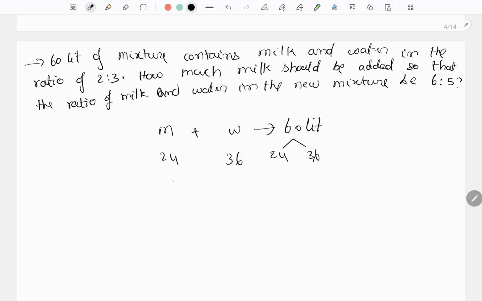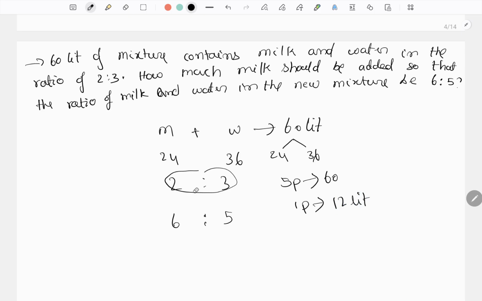How much milk should be added so that the ratio becomes 6:5? The initial ratio is 2:3, and now it should become 6:5. They are asking how many liters of milk should be added. Initially 5 parts is 60, so one part is 12 liters.